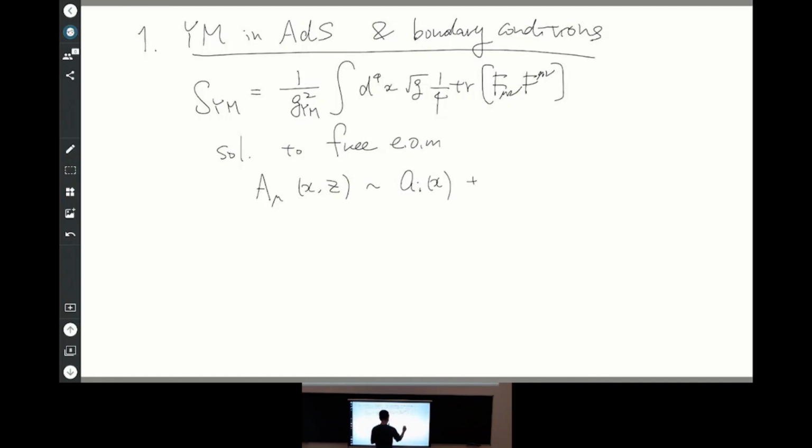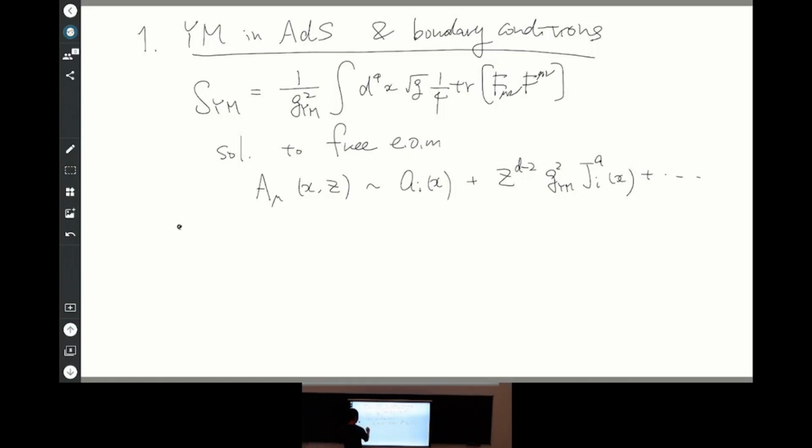Then there are 2 asymptotic behaviors which are allowed by the equation of motion. One becomes finite and constant at the boundary, whereas the other one decays at z equals 0. Generally we need to set the boundary condition so that the AdS isometry is preserved and the variational problem is well defined.